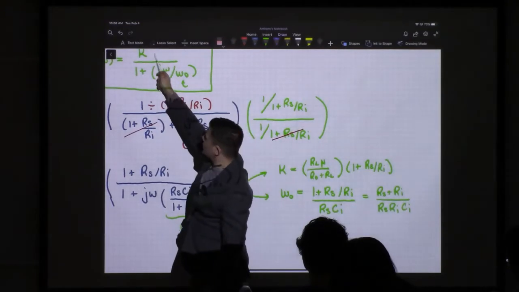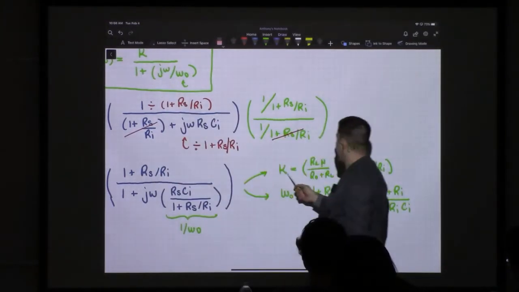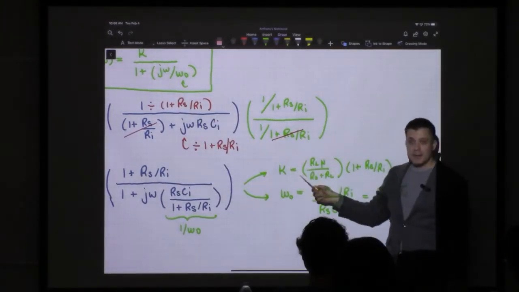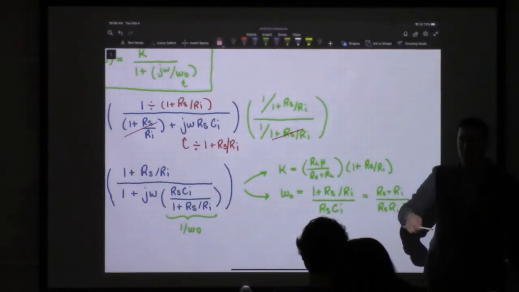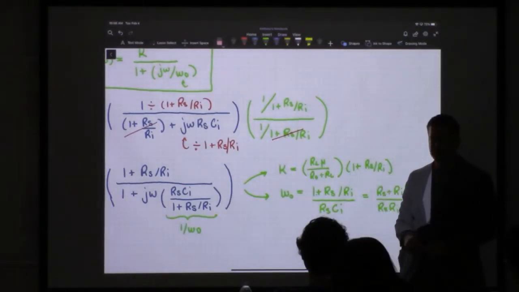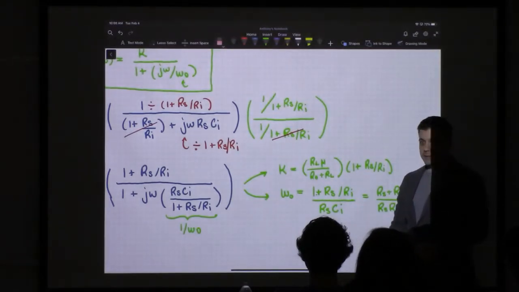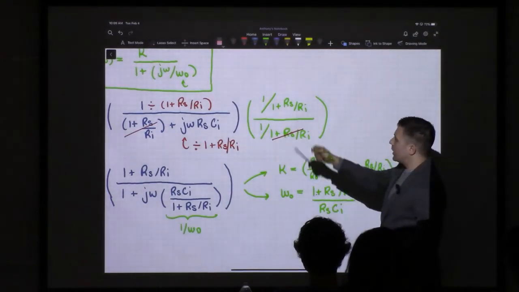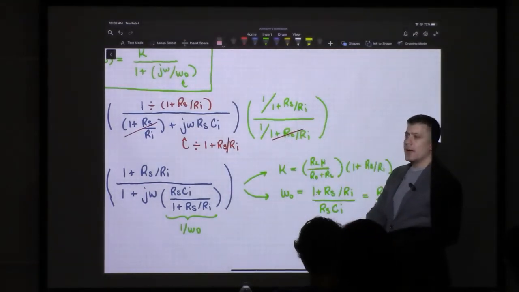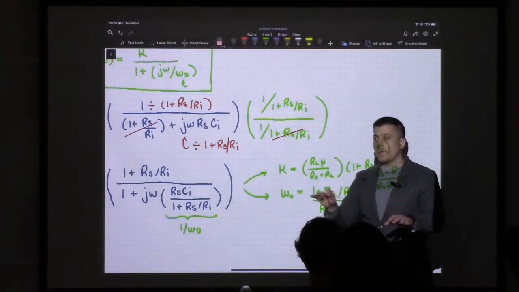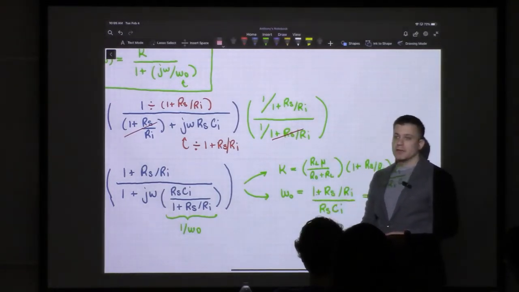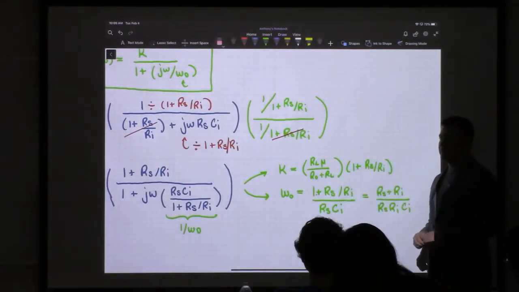K is what's up top. So that's the reason why the k is everything that was up top, and the omega naught is just the coefficient of the j omega. Oh, even like with the numerator, because that whole thing is equivalent to it? Yes. Okay. Yeah. So it's just a comparison to the table and once you get it in the same form, then you can just pull out the values. So getting it in the same form was the difficult part.